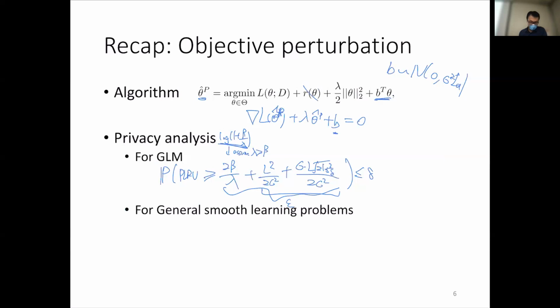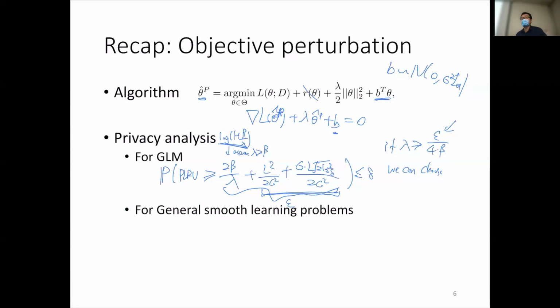In particular, if lambda is larger than epsilon over 4 times beta, the way we choose this is to ensure that the first term is half epsilon. So all we have to do is choose the second and third terms together to have a half epsilon upper bound.